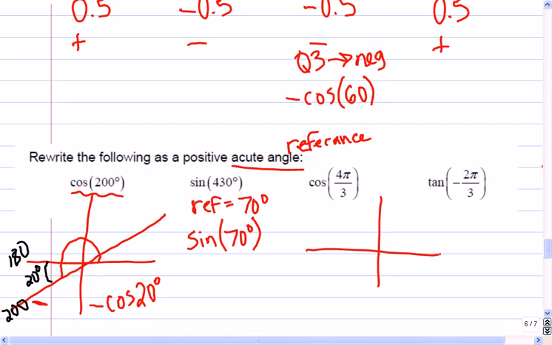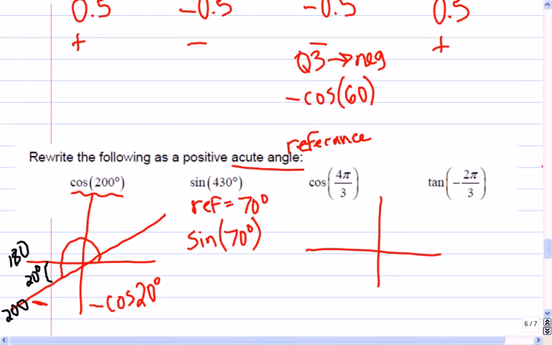Can you draw 4 pi over 3? No? Yeah, I know. Well, where did we use as a reference before to help us draw this? What was the convenient one? It's in the conversions too because it's so convenient. 180 degrees or pi as the length.